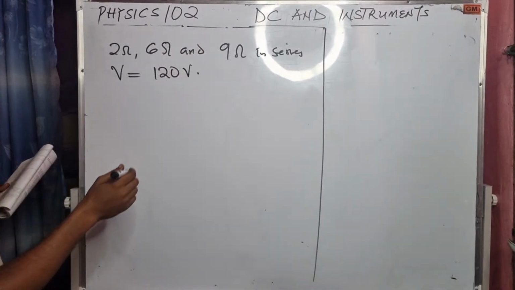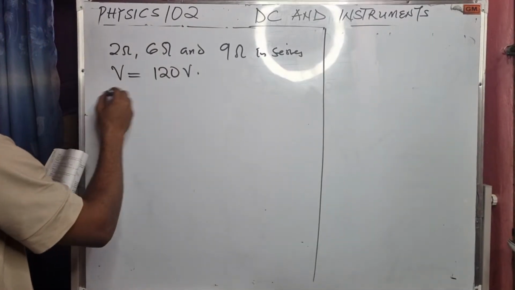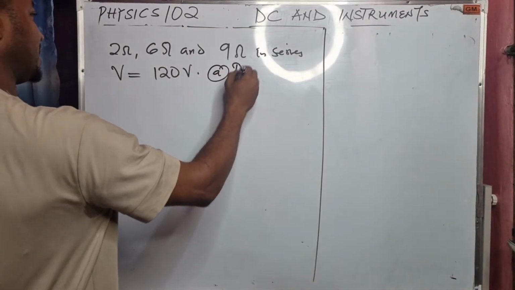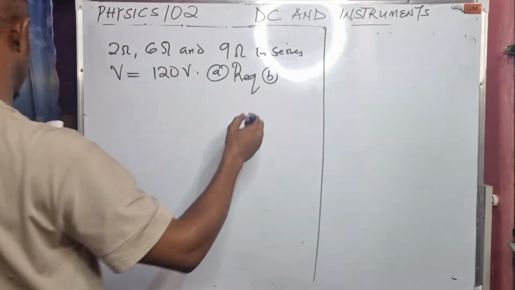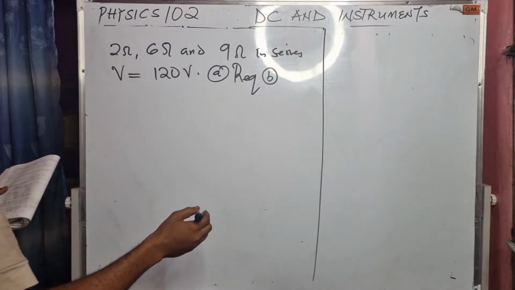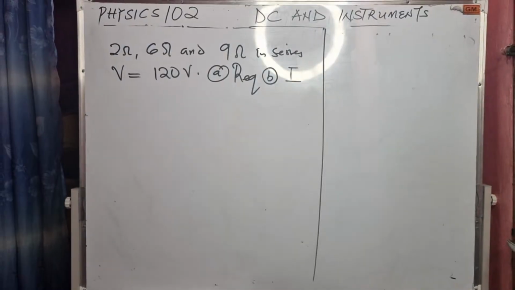We are asked to calculate: question A, find the equivalent resistance. Question B, find the current that flows in each resistor.